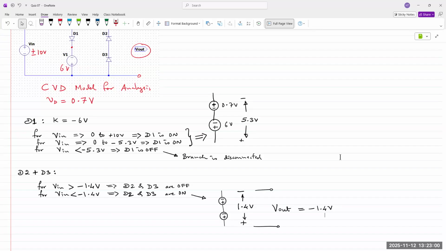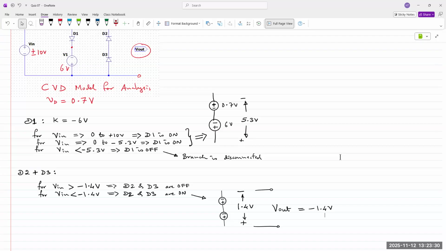Okay, so now the key word here, as I said, is the CVD model, the constant voltage drop model. A diode is a nonlinear device. We've already established that the current for the diode increases. If you recall from those first few slides about the CVD topic, the IV characteristic of a diode is a vertical line at 0.7 volts.